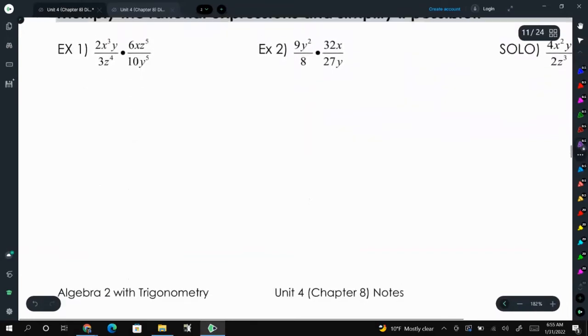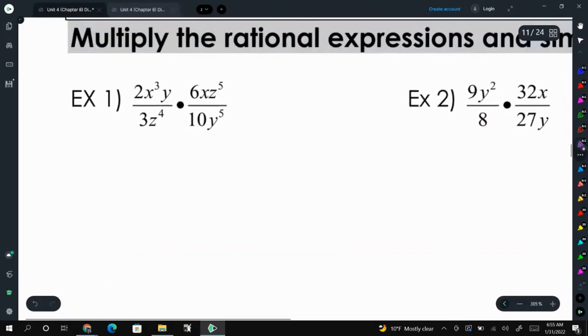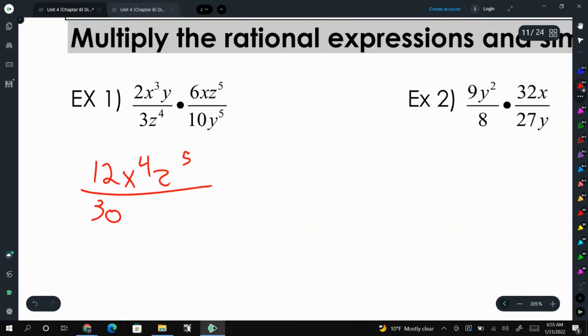So down here, we have some expressions to simplify. So we're going to multiply straight across. This is going to give us 12x to the 4th times z to the 5th over 30. Now, it doesn't matter if I write y to the 5th, z to the 4th, or if I flip-flop them.